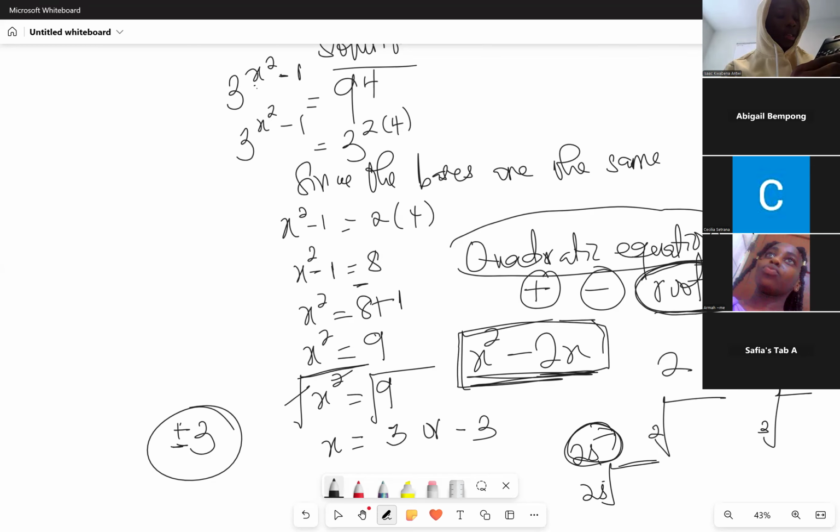A represents the number that is attached to x squared. B represents the number that is attached to x. C represents the constant, the number without a variable. That's all. So knowing that, now check the screen from here.